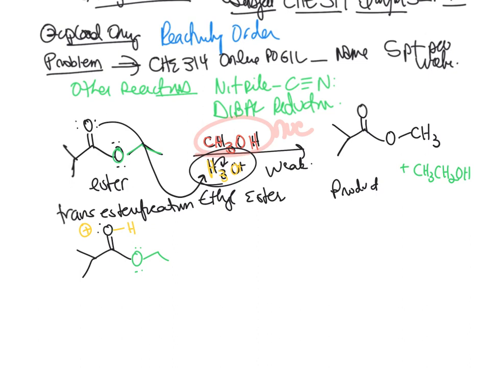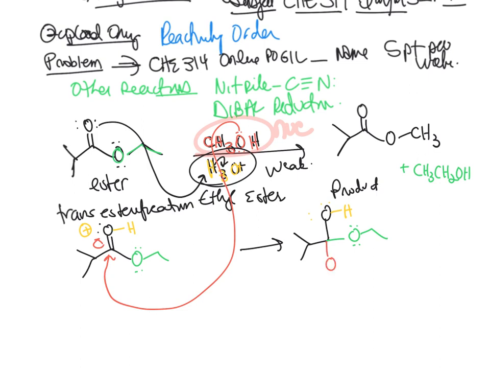Now we have a stronger electrophile, and so our nucleophile, the methanol, can attack that carbonyl, and we're going to make what? That's right, the tetrahedral intermediate. Tetrahedral means how many things? Four. So I'm going to make sure this carbon has four things on it.